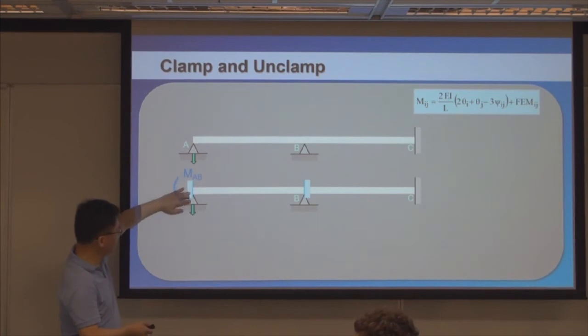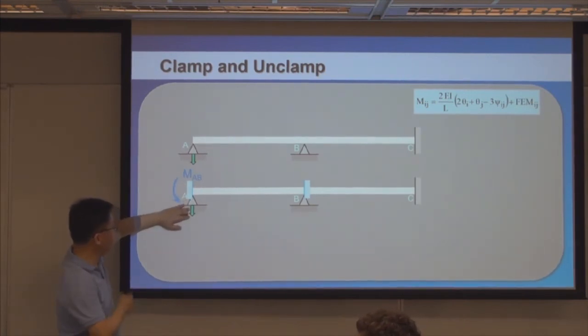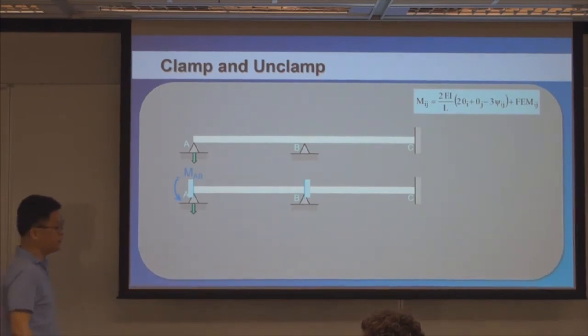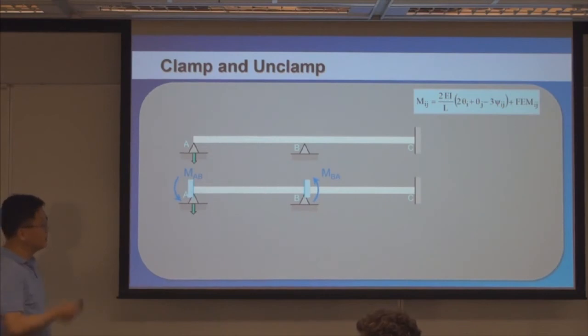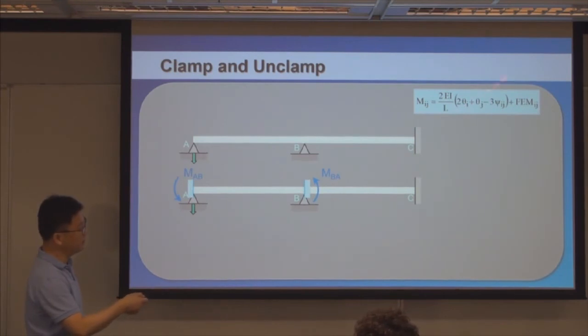Then you allow it to translate and calculate the end moments induced by such a configuration. So you can use the slope deflection approach to calculate MAB and MBA. You just simply say that theta A is equal to 0, theta B is equal to 0. So here, both of them are equal to 0. And you do have a rigid body rotation.